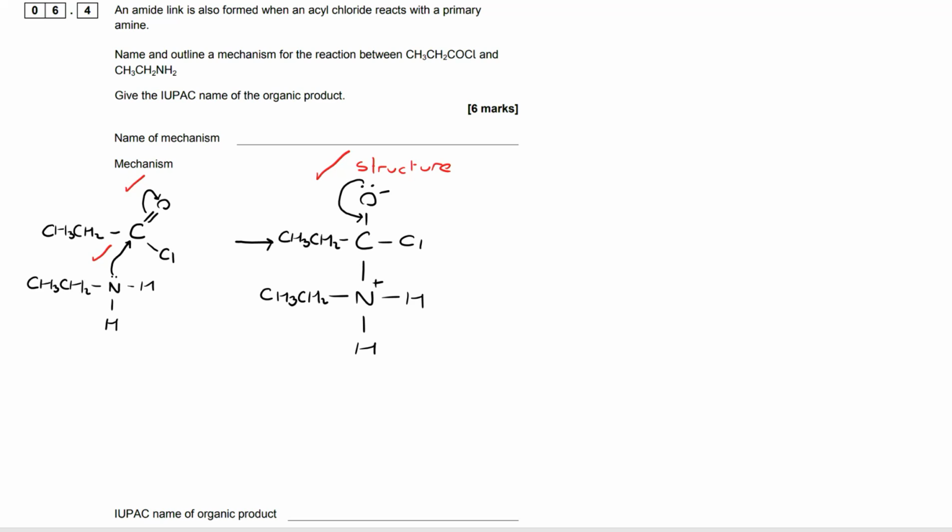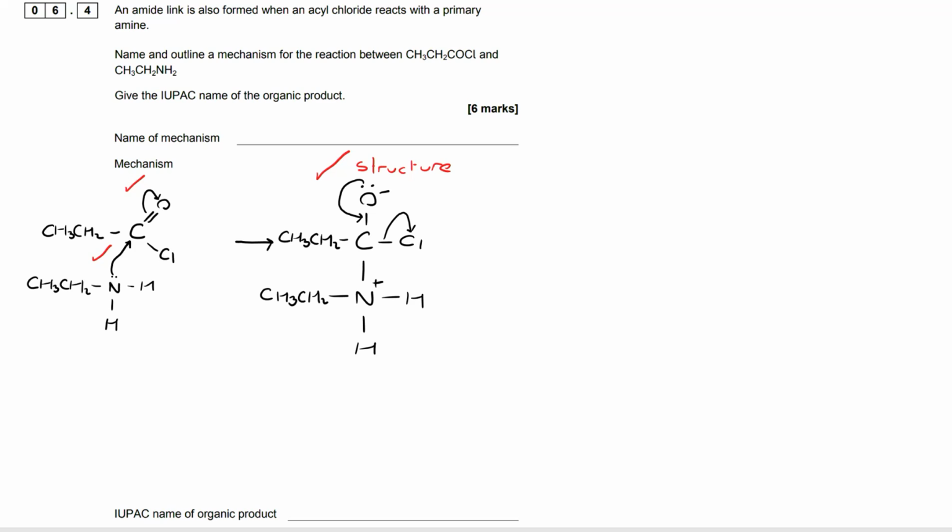From there, we're going to reform the double bond. So we're back to 5 bonds around that carbon, which isn't sustainable. Something else has to change. So we lose the Cl at this point. The Cl has gone. The O has reformed its double bond. The carbon is back to having 4 bonds around it.